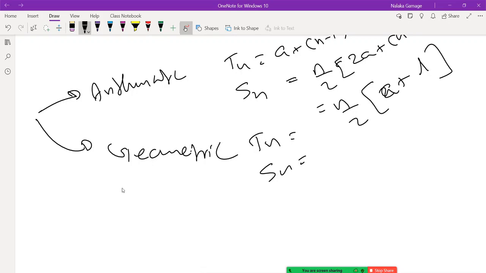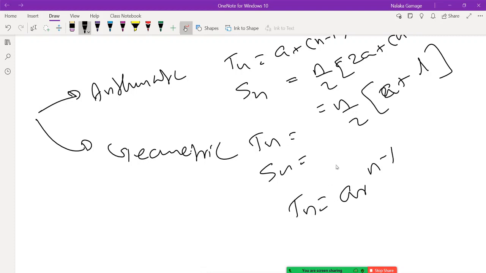Geometric sequence is the sequence having a common ratio, that is the ratio between two consecutive terms, right hand term divided by left hand term, and we found that Tn is ar to the n minus 1.